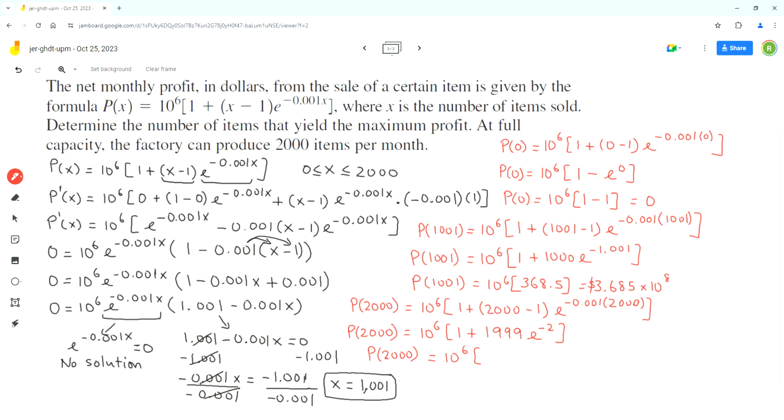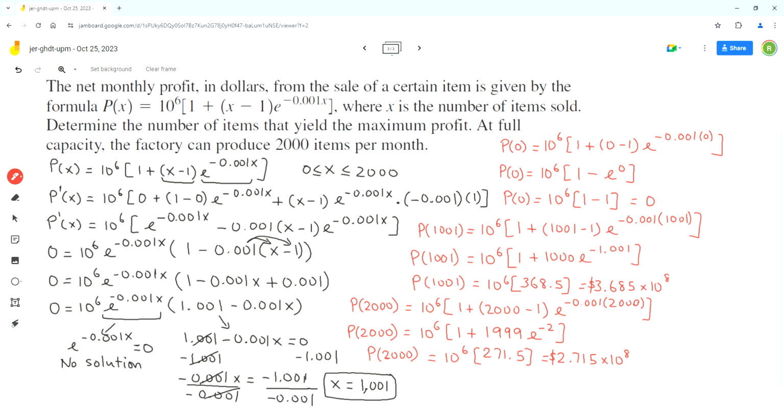So I got 271.5. So I'm rounding the answer to one decimal place, which can be written as 2.715 times 10 to the power 8, and the unit is dollars. So this should be the profit for x equals 2000.